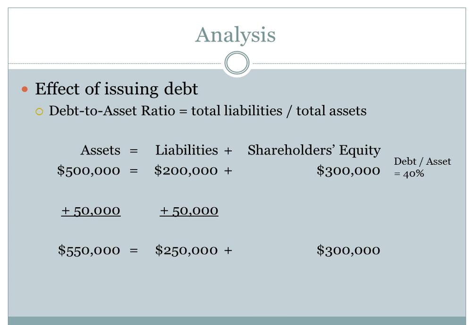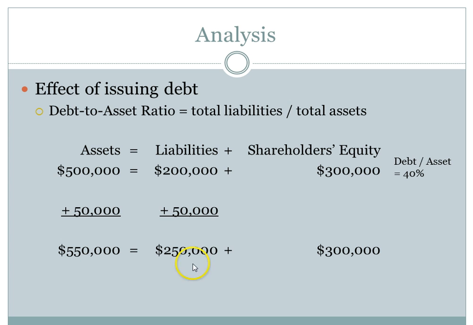But notice here, and this is the key, this is where the analysis comes in. Notice here that proportionately our liabilities have increased more than our assets. $50,000 more liabilities added to $200,000 is a greater impact than adding $50,000 to $500,000.